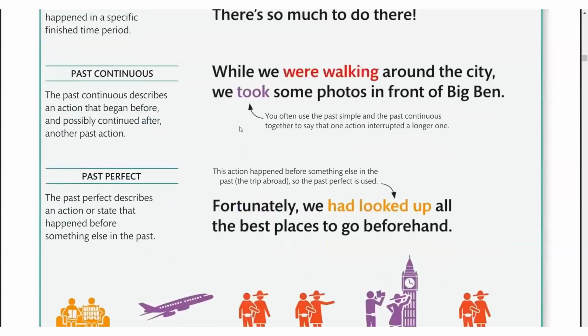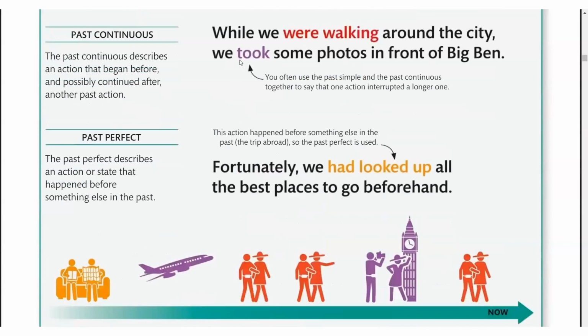Then we have one more tense to consider, and that's the past perfect tense. The past perfect describes an action or state that happened before something else in the past. So remember, past continuous, we talked about an interruption. One thing happened and then another thing started.